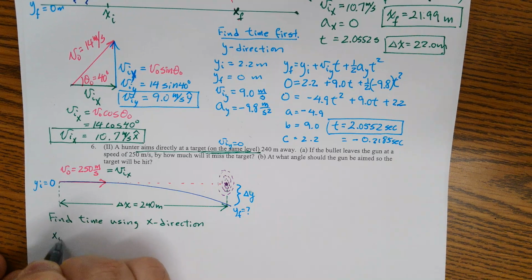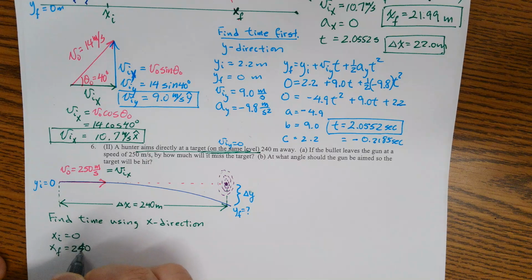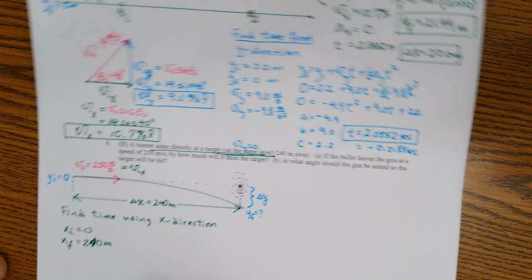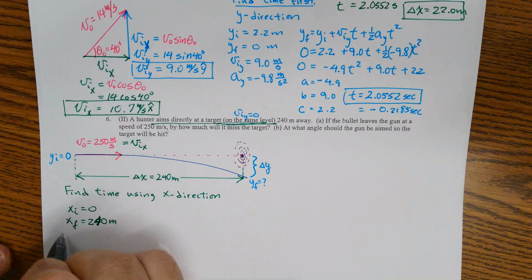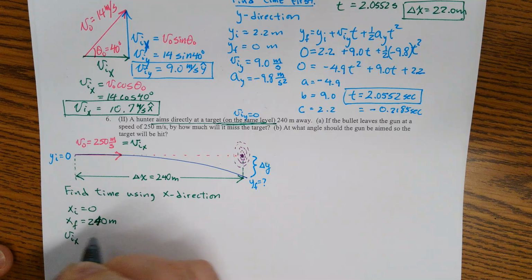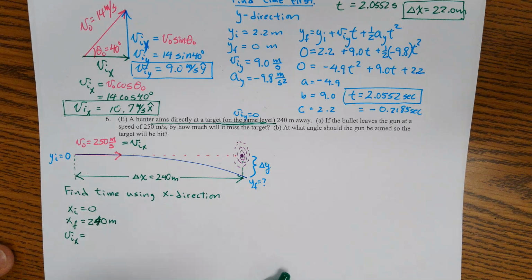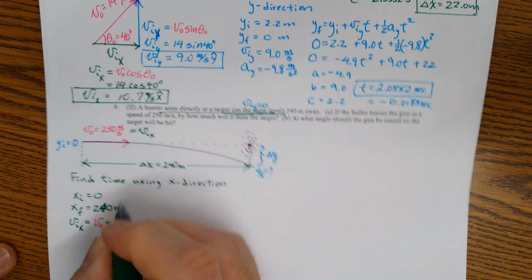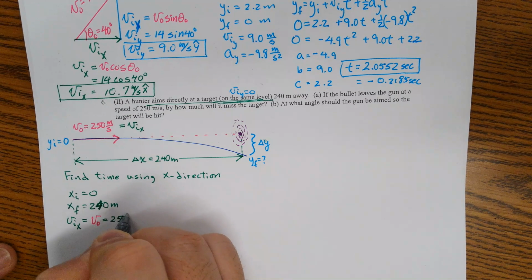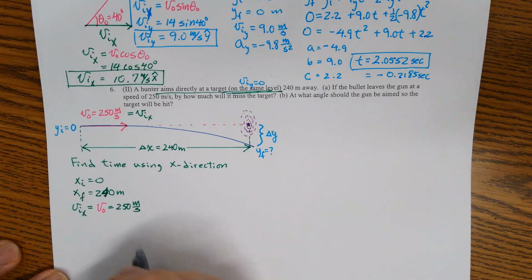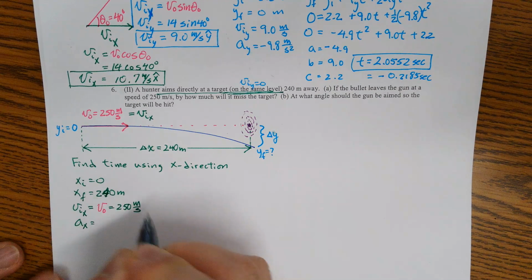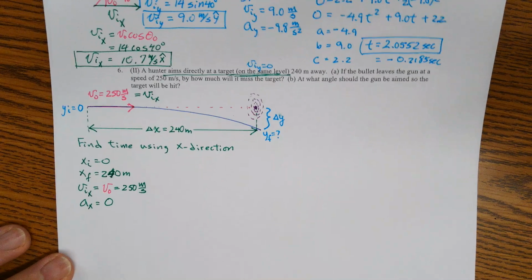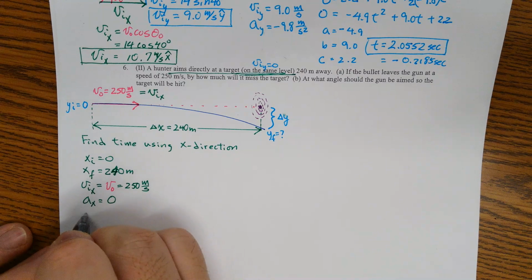Right? So here, let's write down everything we know. We know x initial is 0, x final is 240 meters. We also know v_ix, which is the same as V naught, which is 250 meters per second. We also know a sub x. You know the acceleration in the x is always going to be 0. So I'm looking for time here.